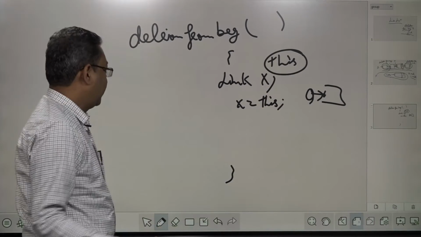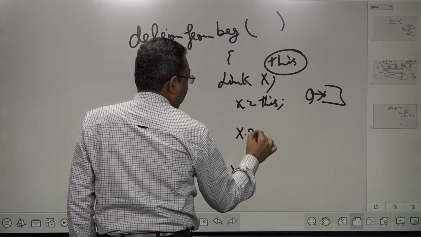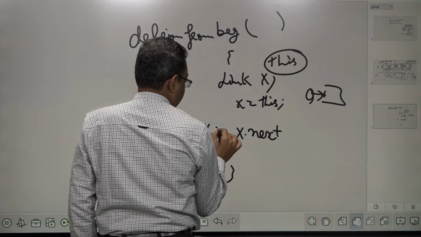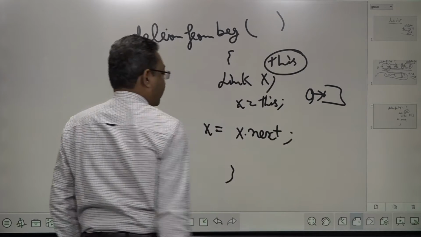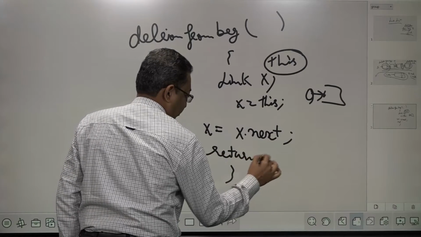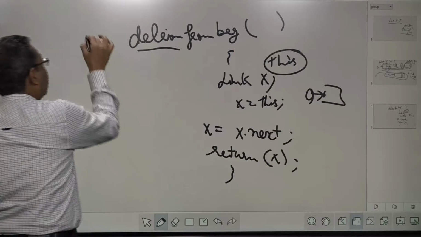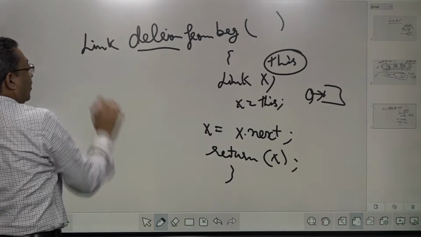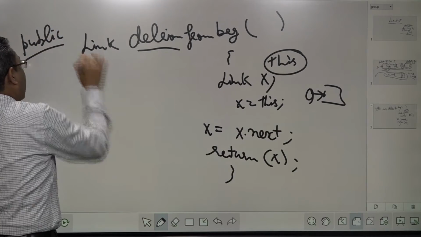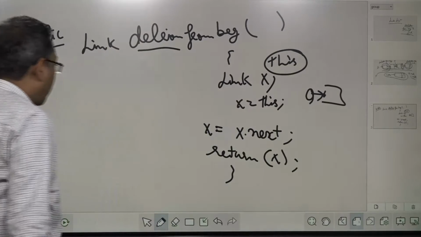Then just go for x dot next. That's all. And return this x. The return type of this function must be the link itself, right? Of course, I will go for the access specifier, public, protected or default, depending upon our requirement.